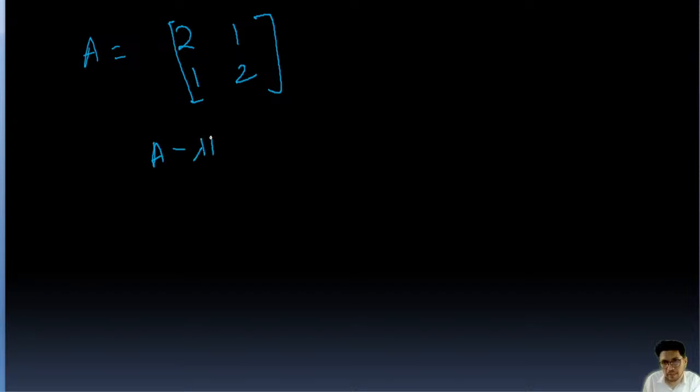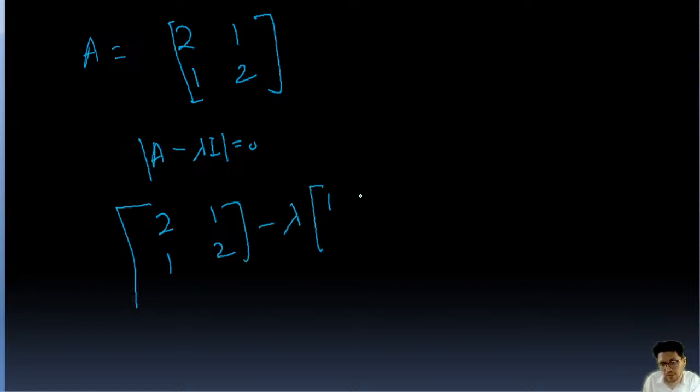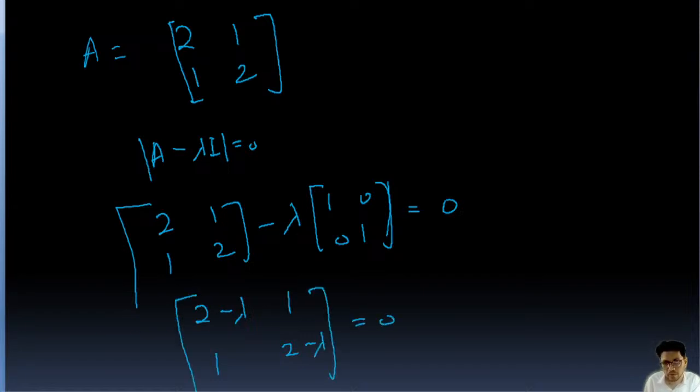This is going to be the determinant of A minus lambda I equal to 0. So 2 1 1 2 minus lambda times 1 0 0 1 equals 0. We get the matrix 2 minus lambda, 1, 1, 2 minus lambda, with determinant 0. We solve it further: (2 minus lambda) squared minus 1 equals 0.